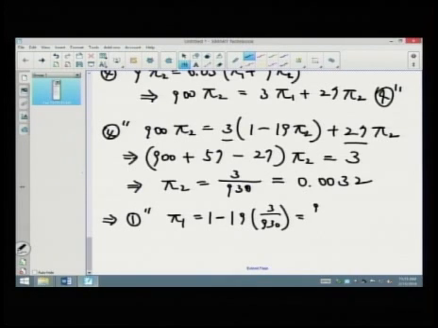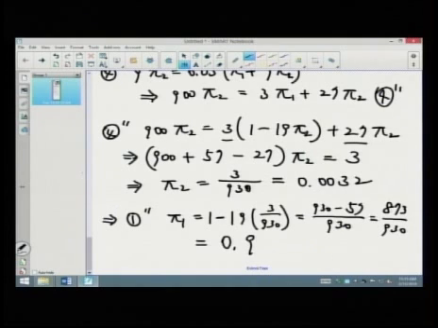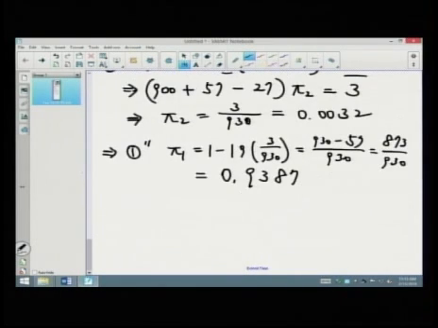That's going to be 930 minus 57, right? Over 930. What is this? It's 873, right? Over 930. Okay, I have 0.93. Is that 87, right? Okay. Let me know if I'm doing it wrong.